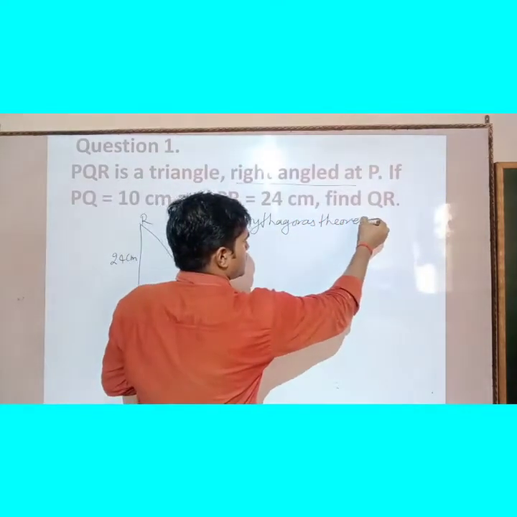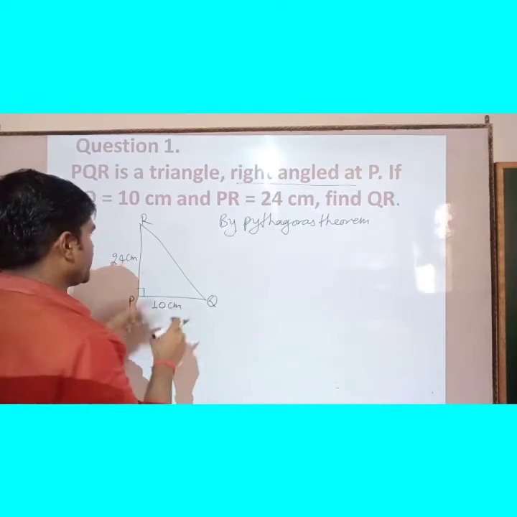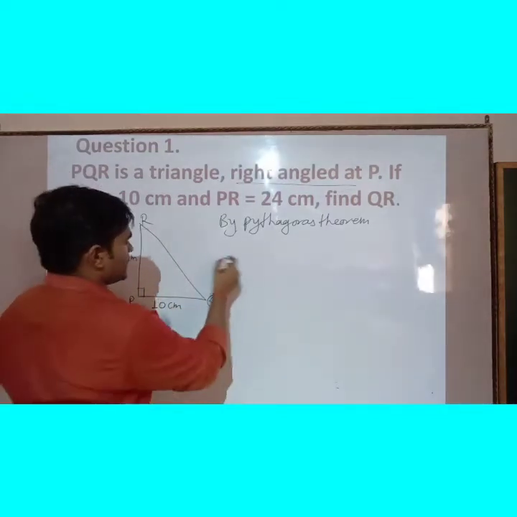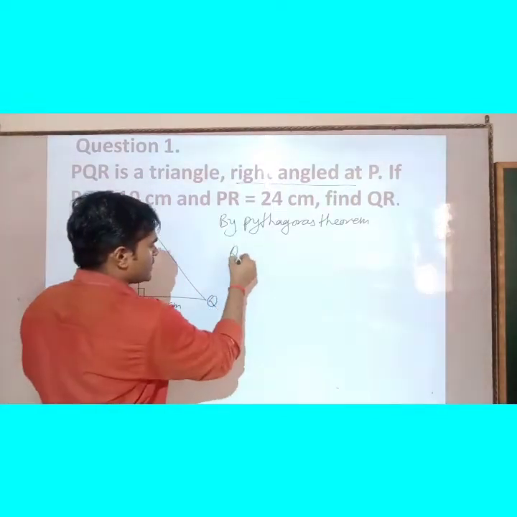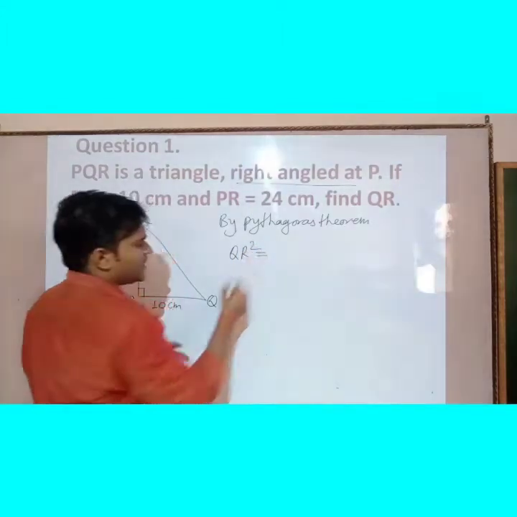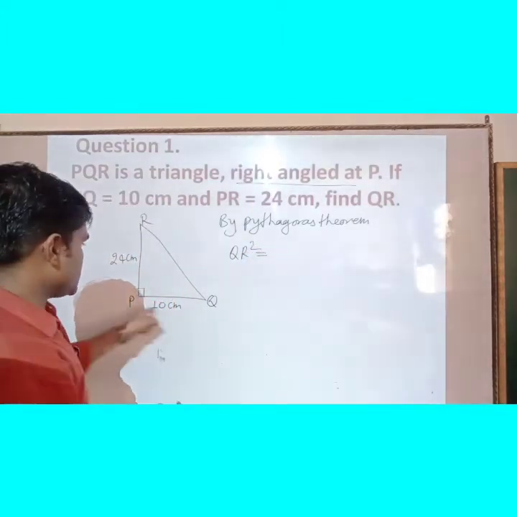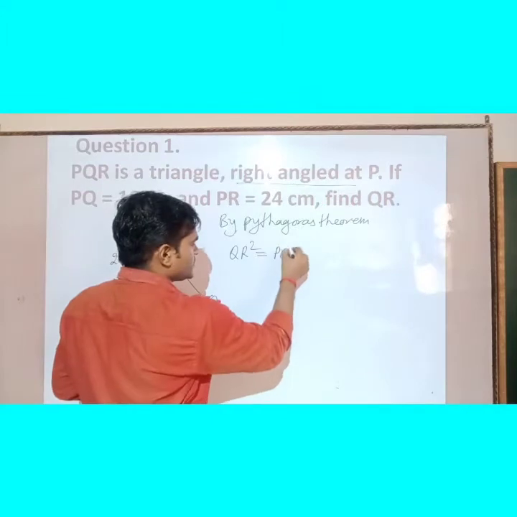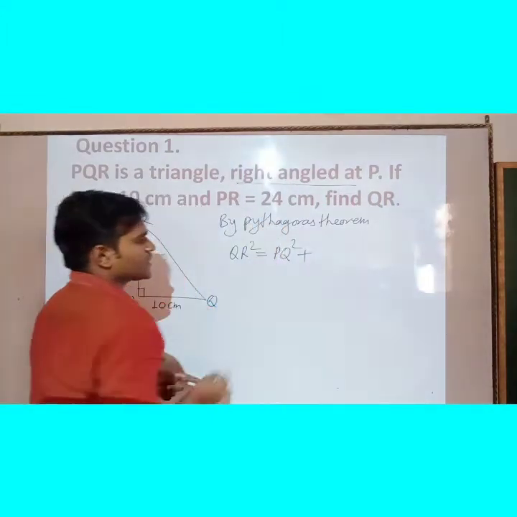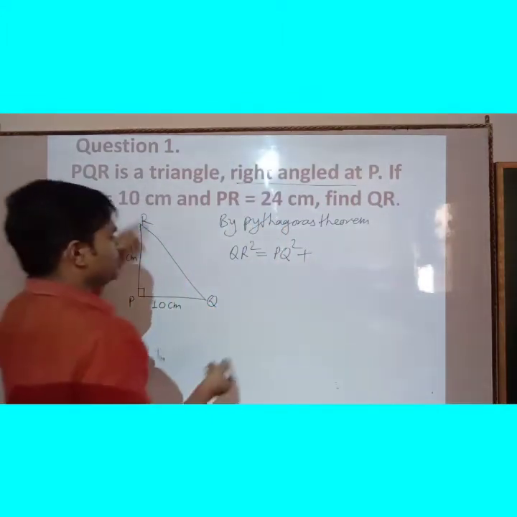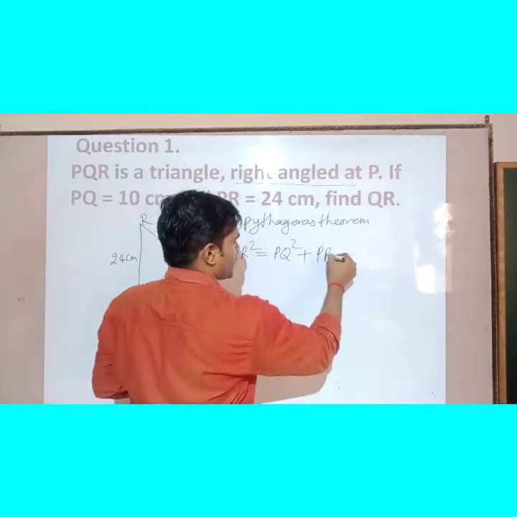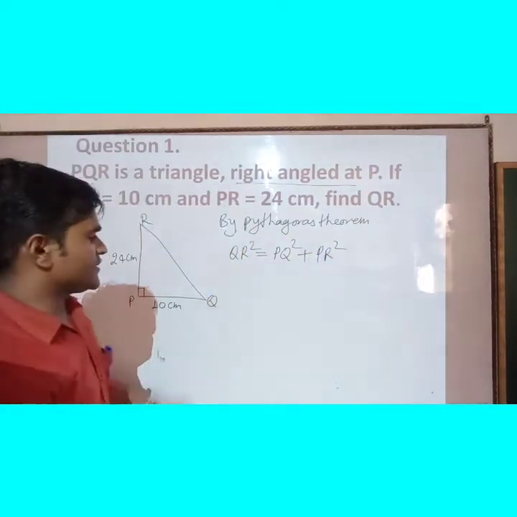theorem. By Pythagoras theorem, we get square of QR. This is the hypotenuse square. So square of QR is equal to the square of PQ plus square of PR. We have to find QR.